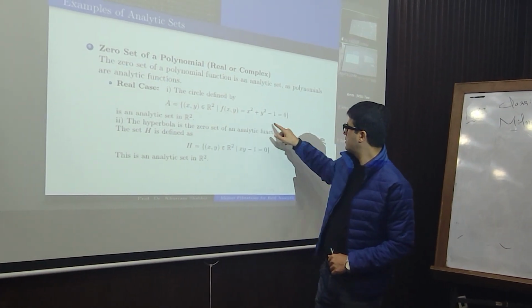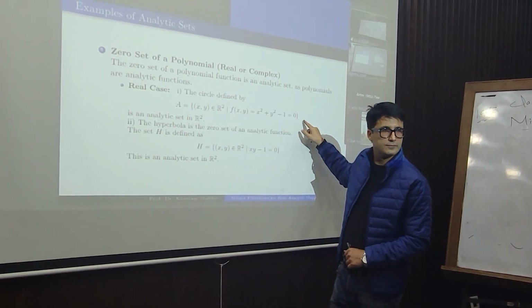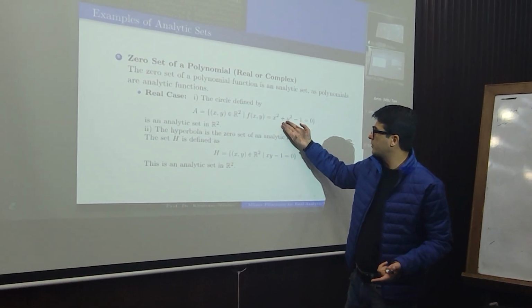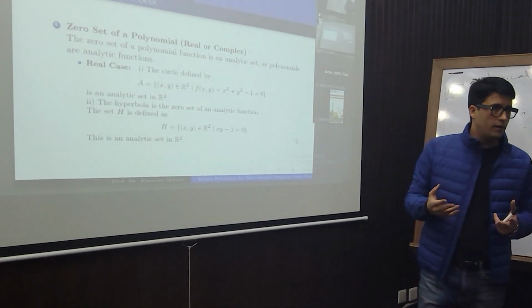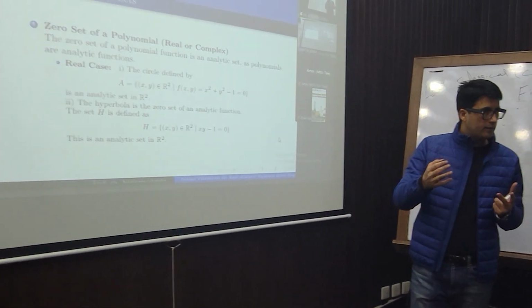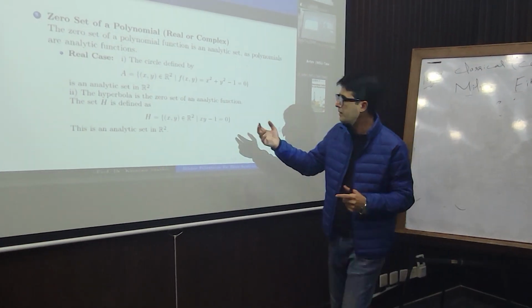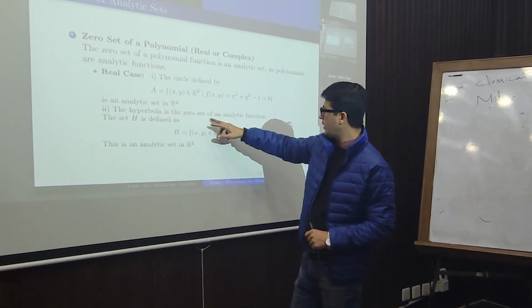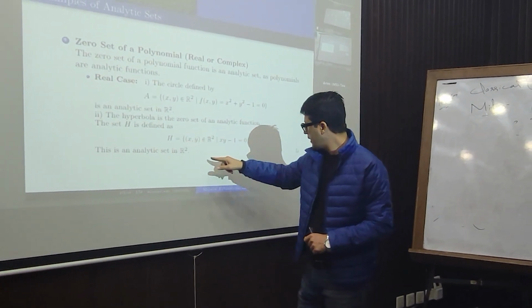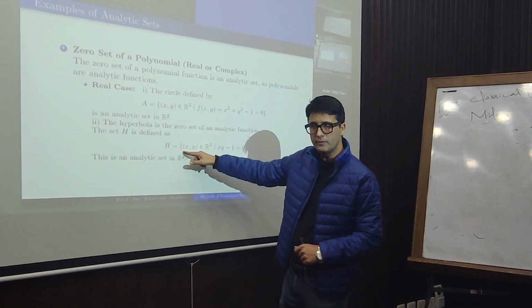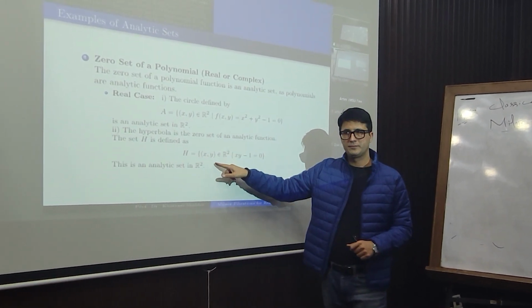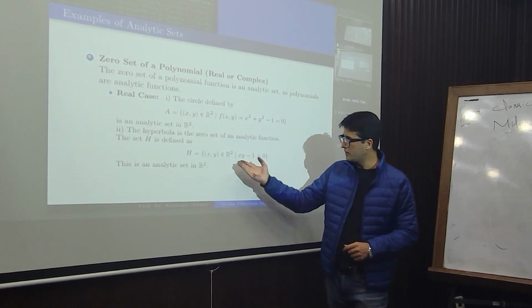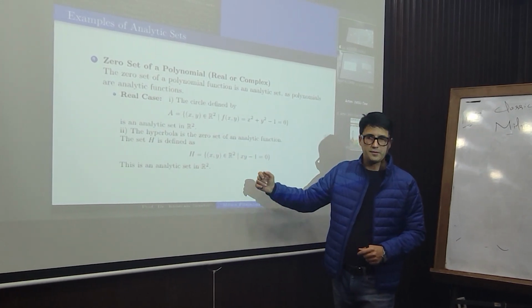What is the solution of this equation? It is a circle. So a circle is an example of an analytic set. And then you can see the hyperbola is the zero set of this analytic equation, because the hyperbola is a solution of this equation. So this is again an example of an analytic set.